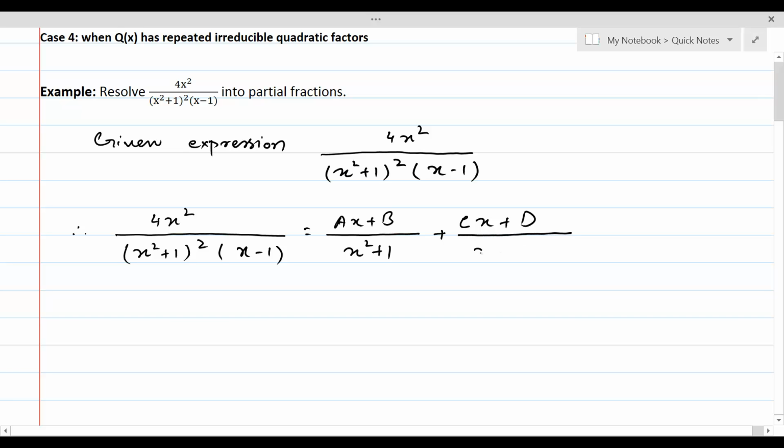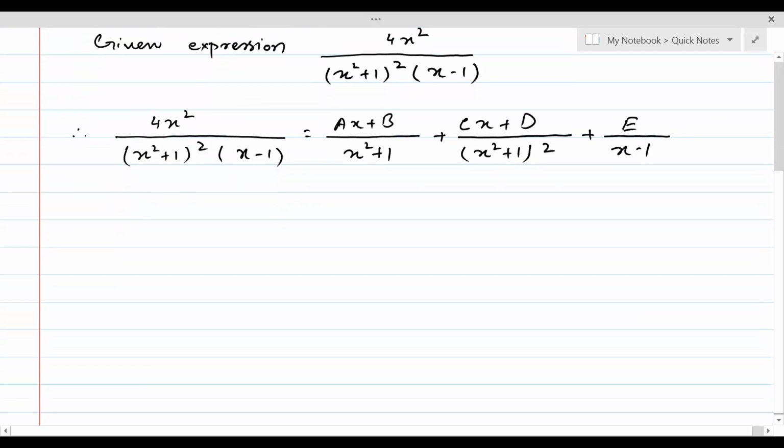That would be (x² + 1)², and then for the linear factor in the denominator we introduce one constant, which is e, divided by x − 1.